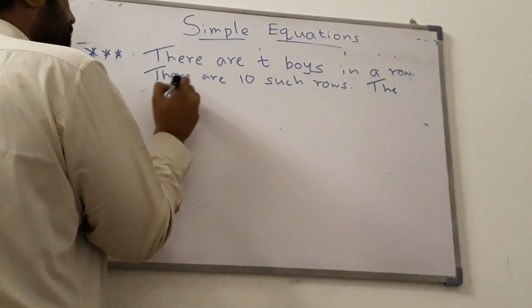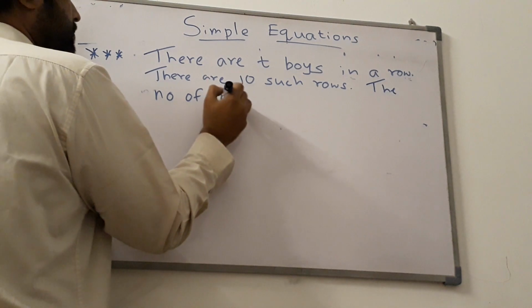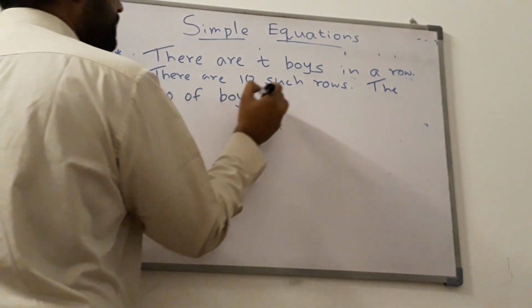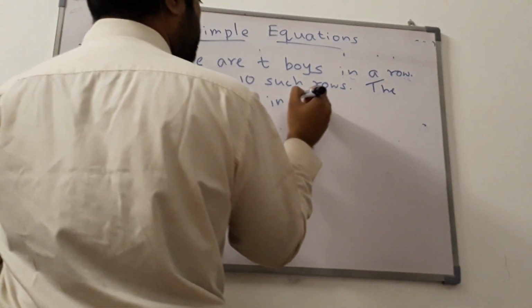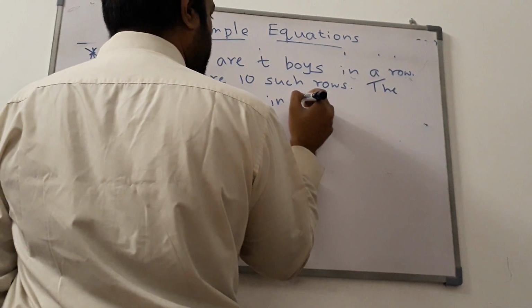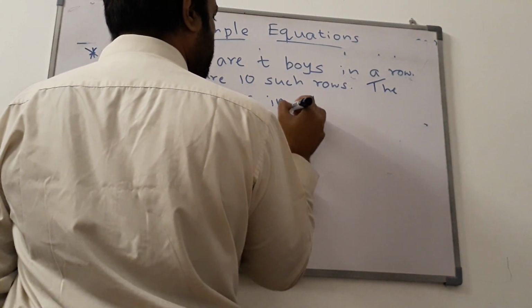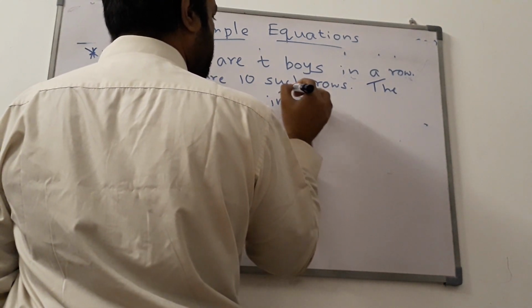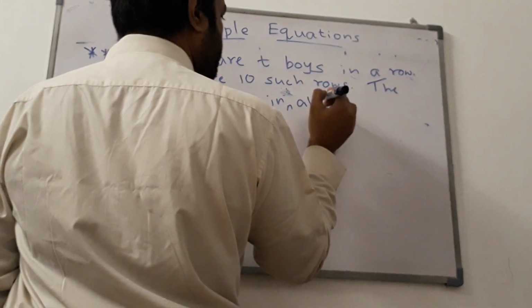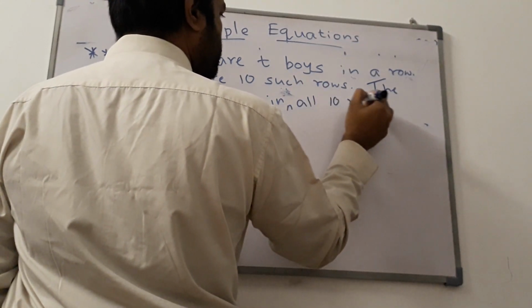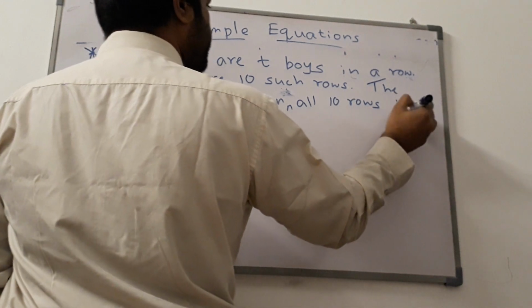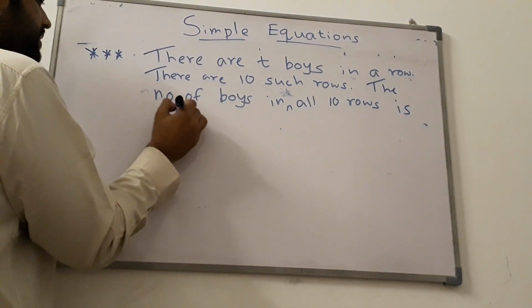The number of boys in all 10 rows is 100.